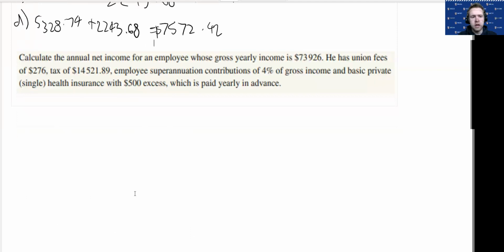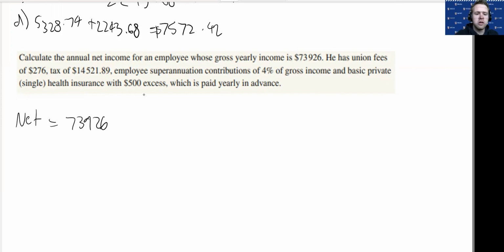Okay, last question. Calculate the annual net income for an employee. So we've got our gross income, union fees, tax, and then an employee superannuation contribution of 4% of the gross income, and then private health insurance with a $500 excess. Basically what we need to do is we've got our gross income, and then we need to take away all of these deductions.